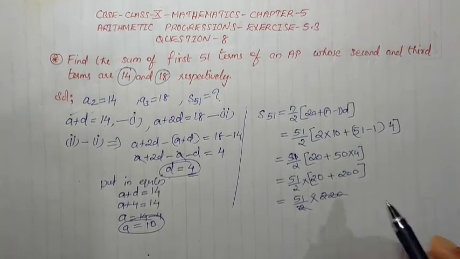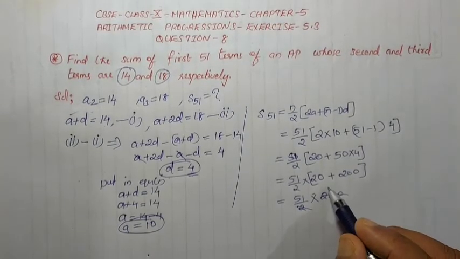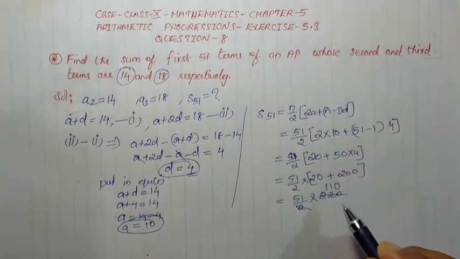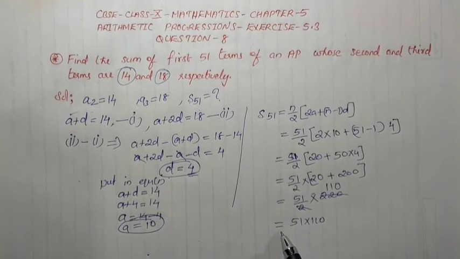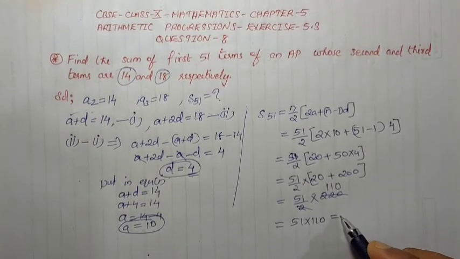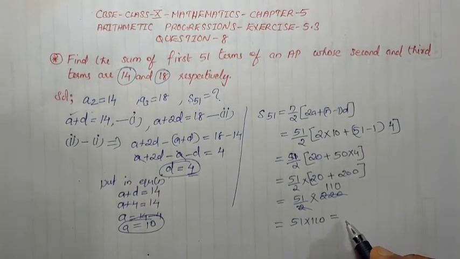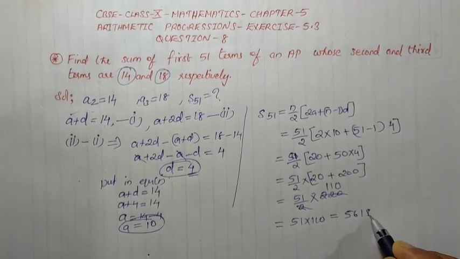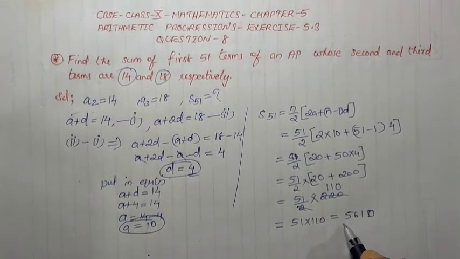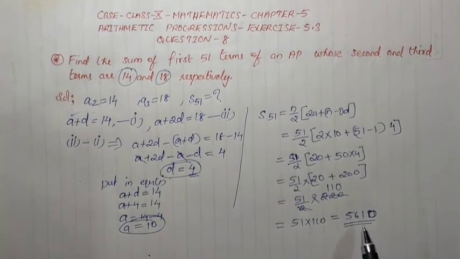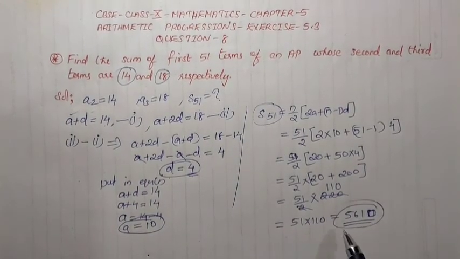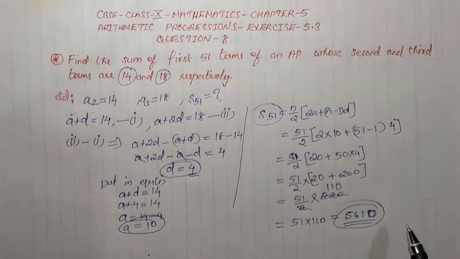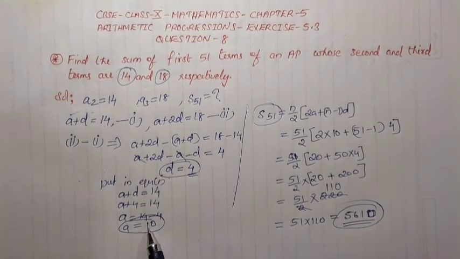Now 2 and 220 we can cut, so you will get 110. Now 51 into 110. What is the value of 51 into 110? When you multiply, you will get 5610. That means sum of first 51 terms is 5610.